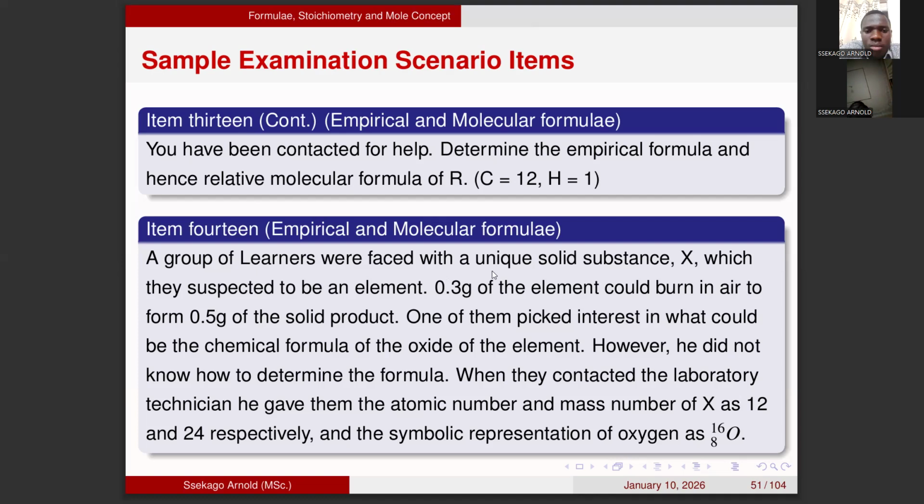A group of learners were faced with a unique solid substance X, which they suspected to be an element.